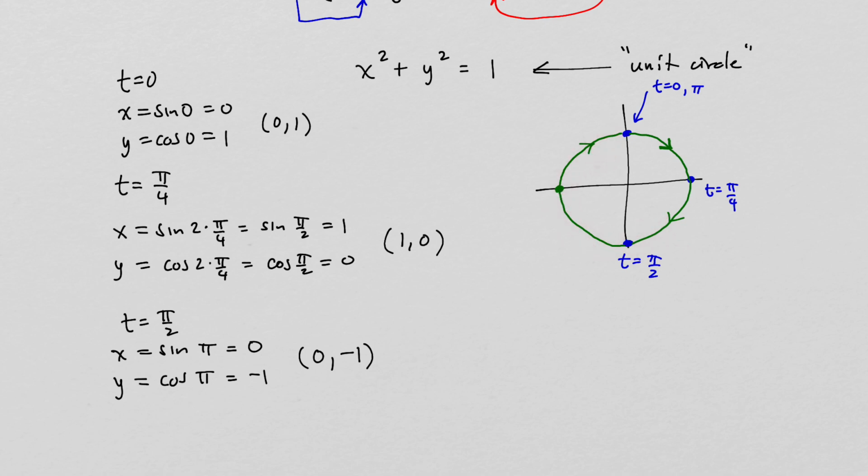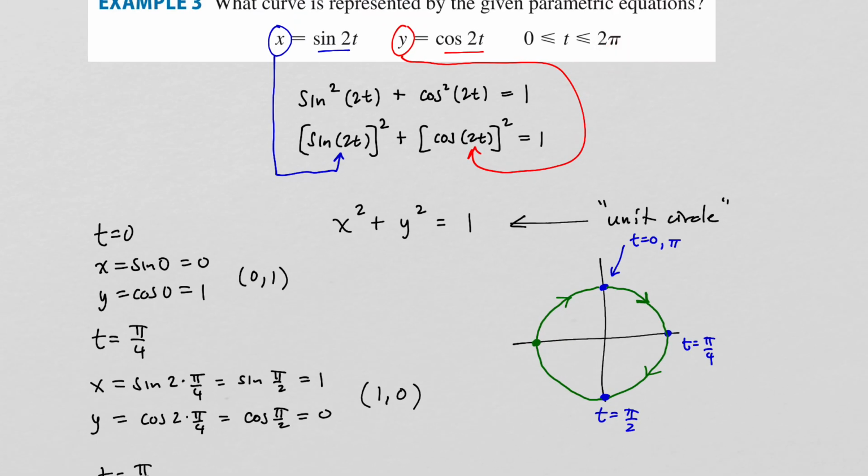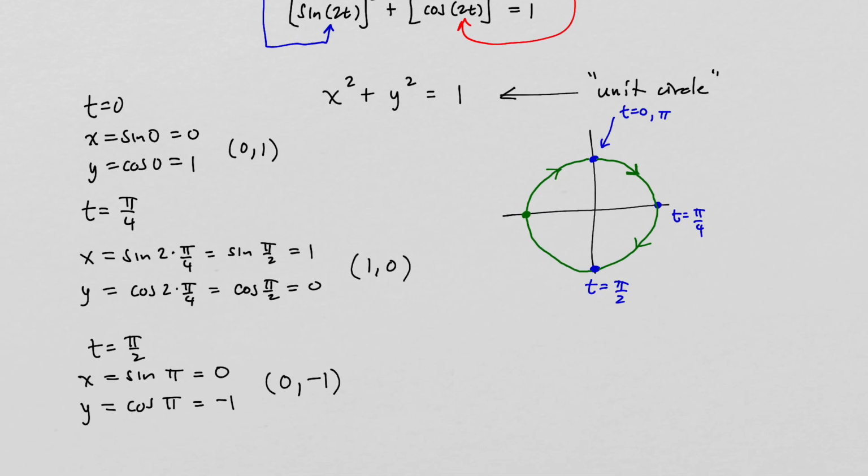But then we start all over again, because remember, we are going to 2 pi. So if 0 to pi traces 1 full rotation here, then when we go from pi to 2 pi, it's pretty easy to show that we will just get another rotation. And one way to indicate this is you could just do sort of a parallel tracing to show that you are going around one more time.